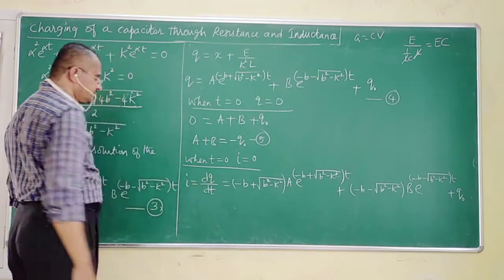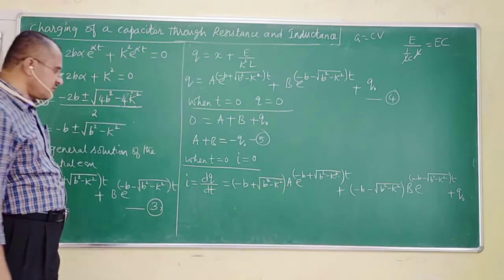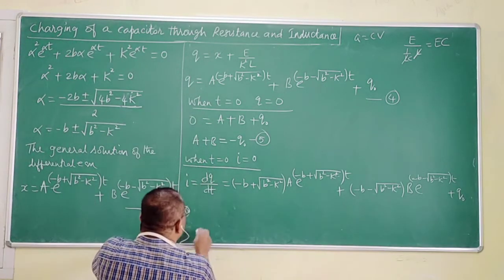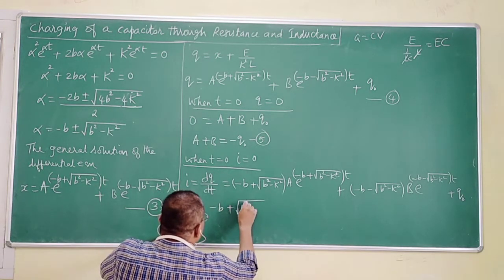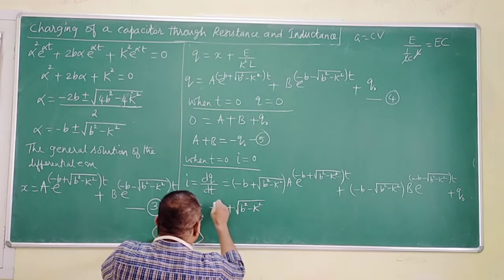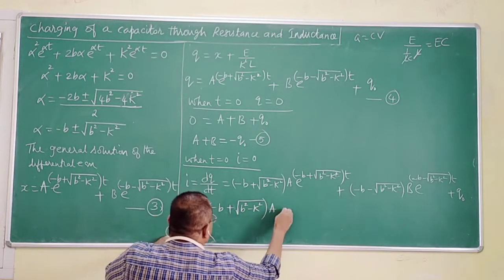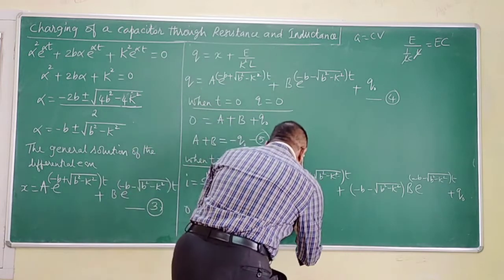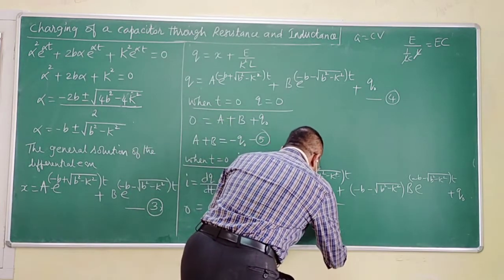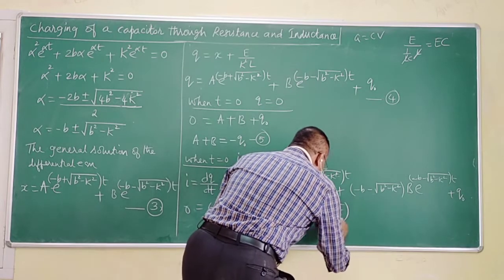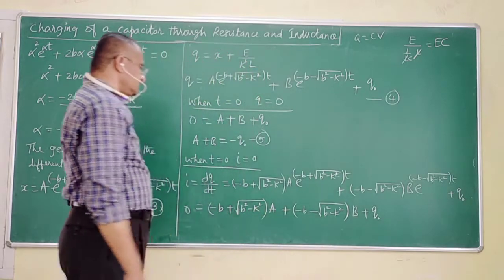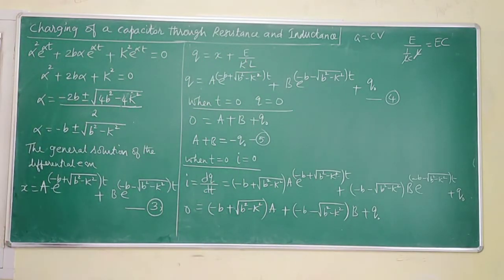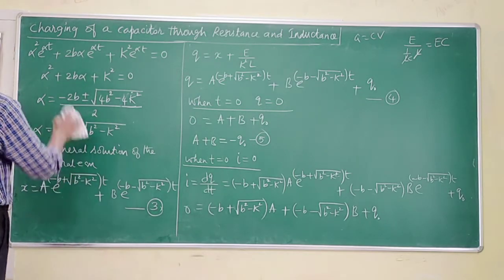I have differentiated. Now let me substitute the boundary condition. 0 is equal to minus b plus root of b squared minus k squared into a plus minus b minus root of b squared minus k squared into b plus q. Right? We have to simplify this. Let me rub this off.